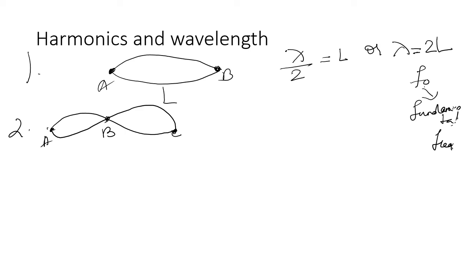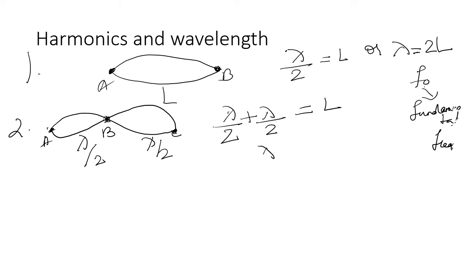So we haven't changed the length of the string. So from A to B, it will be lambda over 2. From B to C, it will be lambda over 2. So the total length is lambda over 2 plus lambda over 2, and that is equal to our length. Okay. So lambda is equal to the length.